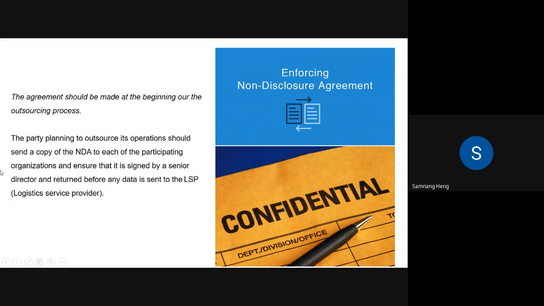The business partners involved in the outsourcing operation should each receive a copy of the NDA, and they all have to sign it, by a senior director or the company owner, before you start doing anything.